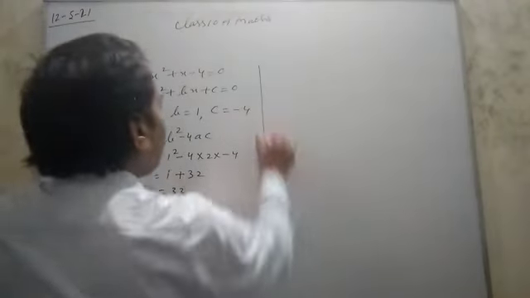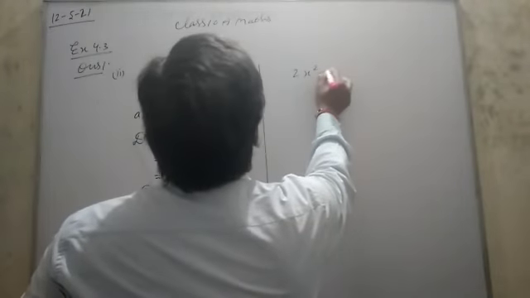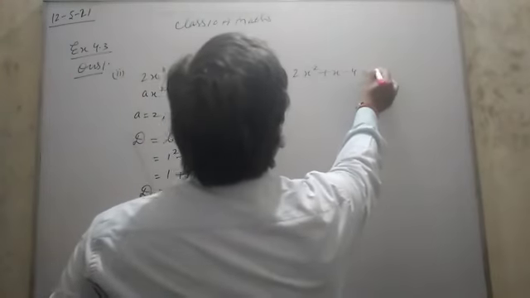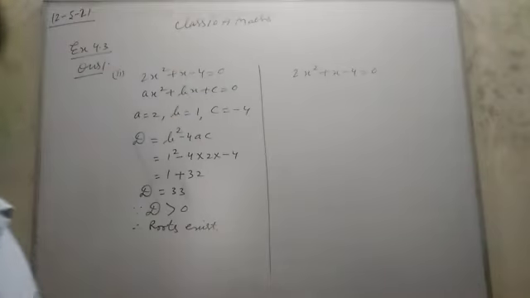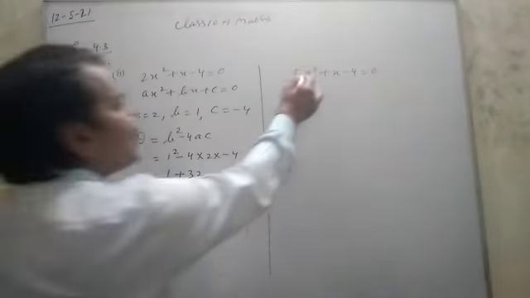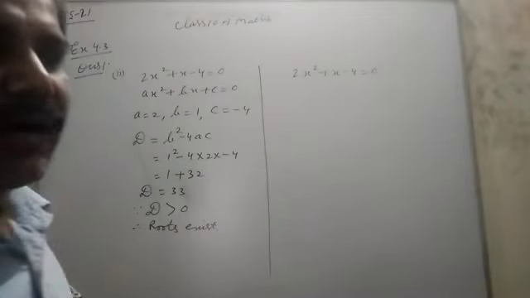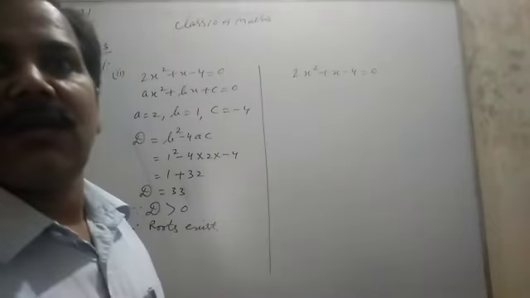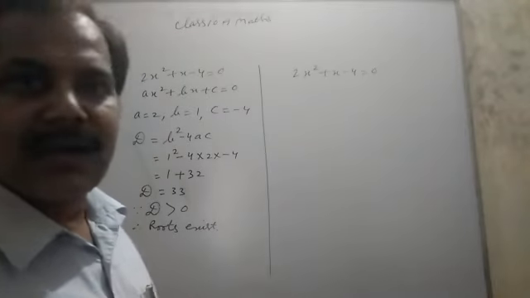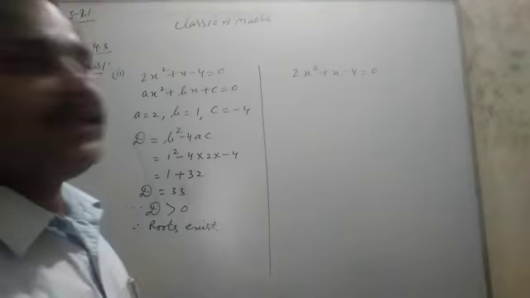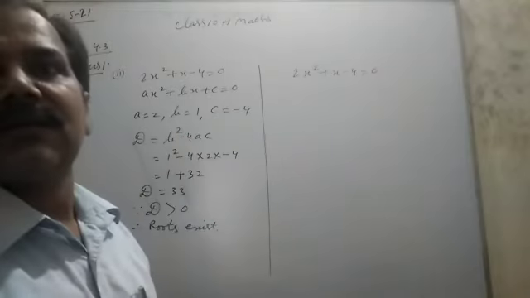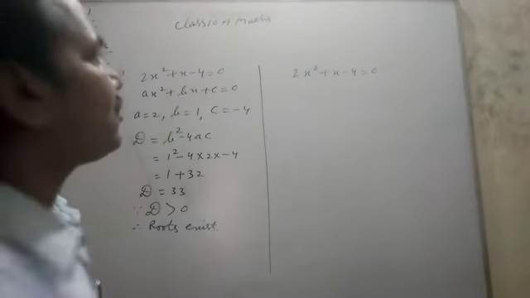Okay. So after that, 2x square plus x minus 4 is equal to 0. So by the completing the perfect square method, first if the coefficient of x square is not 1, if any other value is given except 1, then first you take it common.